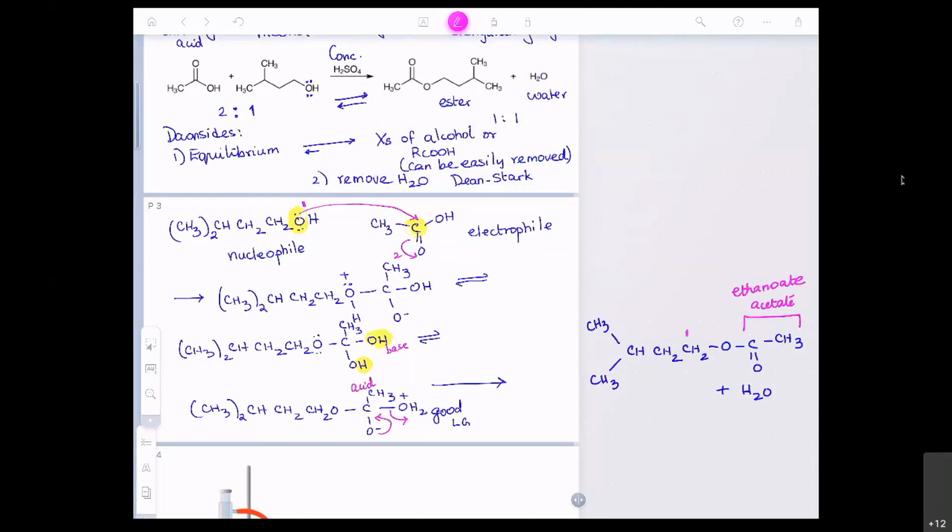Now this is 1, 2, 3, and 4. At 3, you have a methyl. So this is 3-methylbutyl. So the name of this ester is 3-methylbutyl ethanoate. Or you can say acetate, that's fine. This would be your IUPAC name.